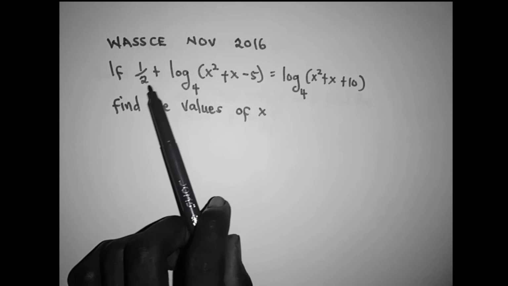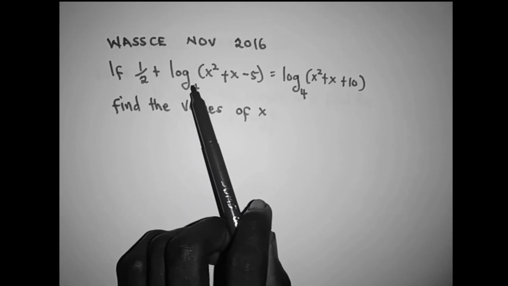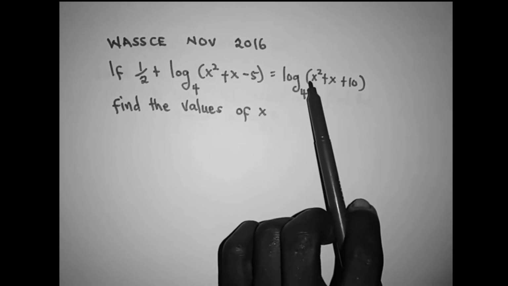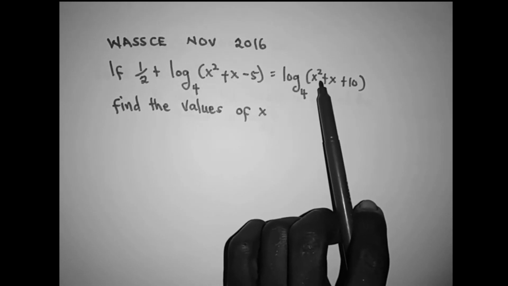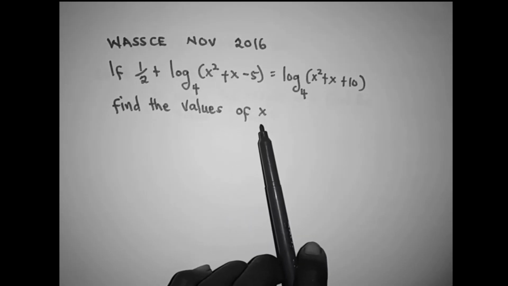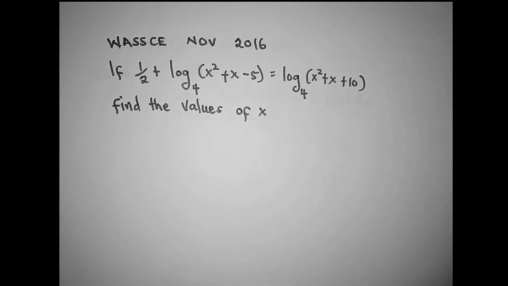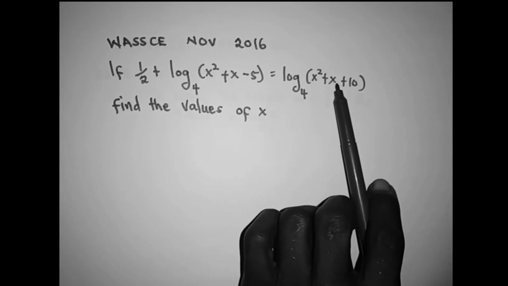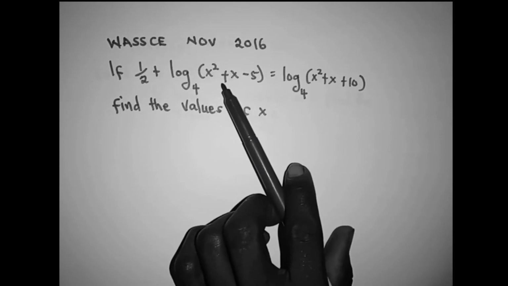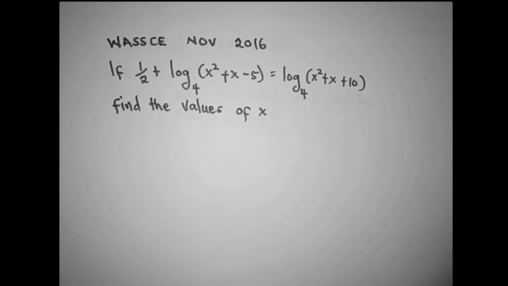If 1 over 2 plus log x squared plus x minus 5 base 4 is equal to log x squared plus x plus 10 base 4, then find the values of x. So what we need to do is bring this log to the left hand side and take half to the right hand side.